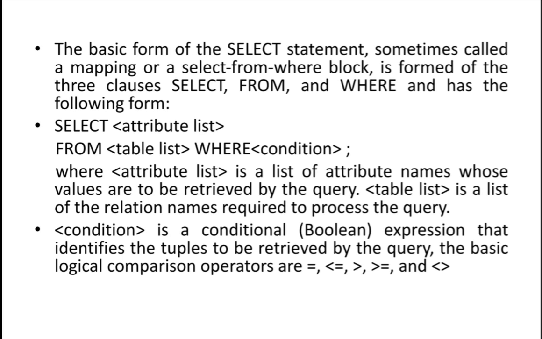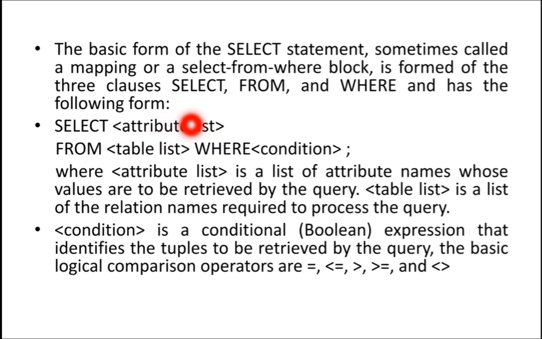You can see here, in a select, the first thing will be the attribute list. You have to select from the particular attributes of the table, right? So the first part of a select is the attribute list.